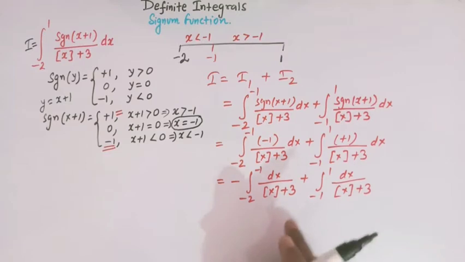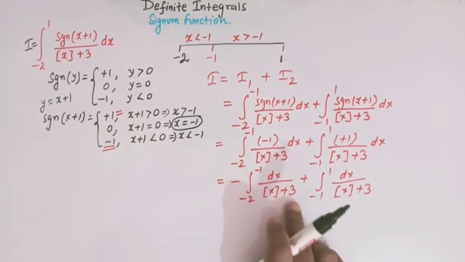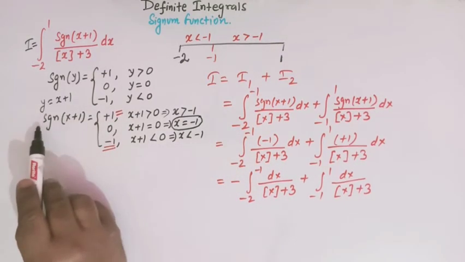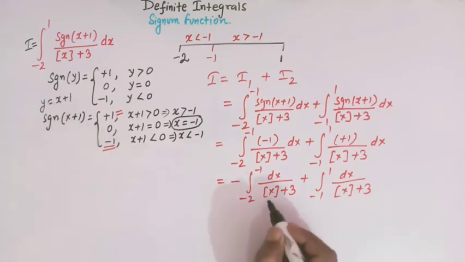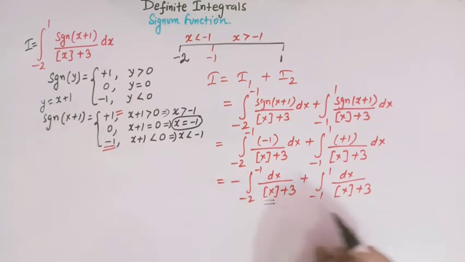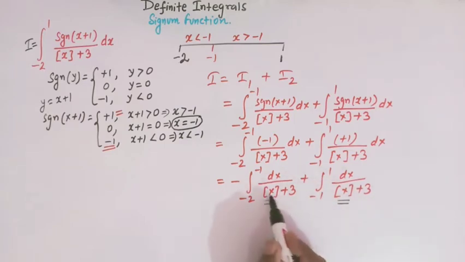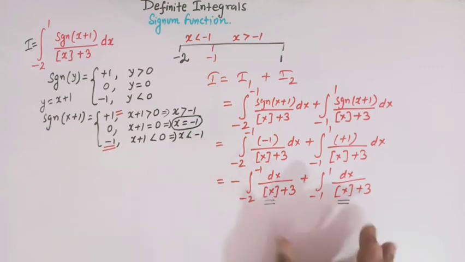So now viewers, we have arrived at this step by making use of the definition of signum function. Now see, here in the denominator the greatest integer of x appears, right? So now here we have to make use of the definition of greatest integer function.